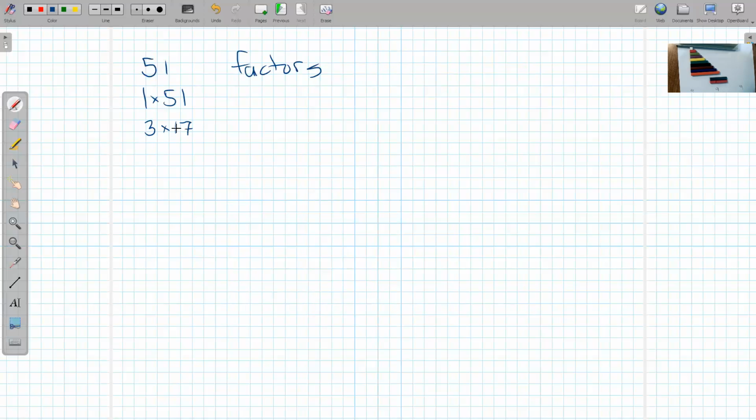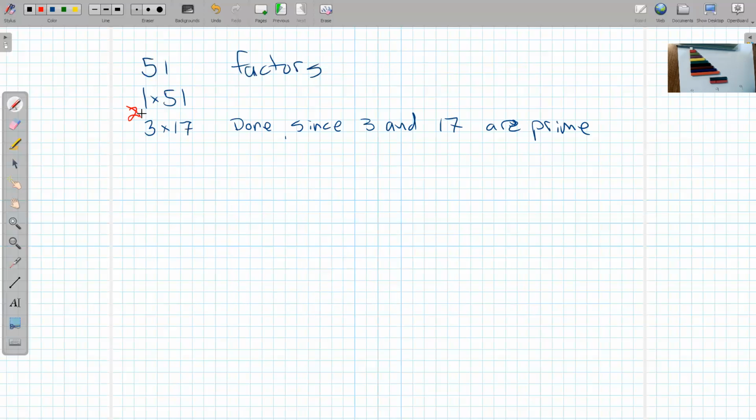Now, interestingly, since 3 is prime and 17 is prime, there aren't going to be any other factors. So I could make a note that I'm done here. If you're not convinced of that, your only recourse is to keep searching.